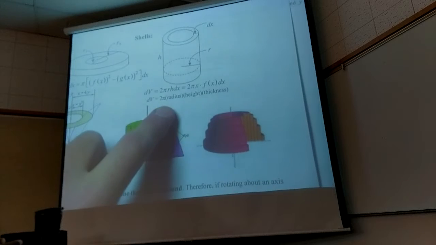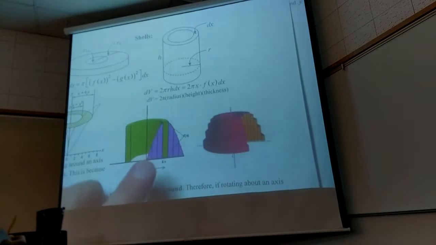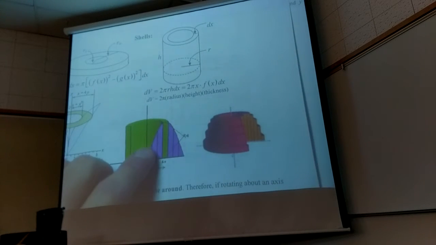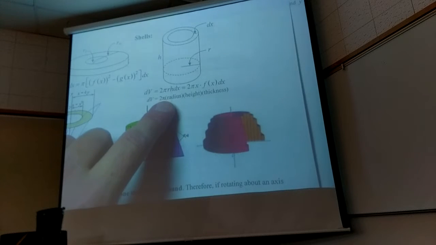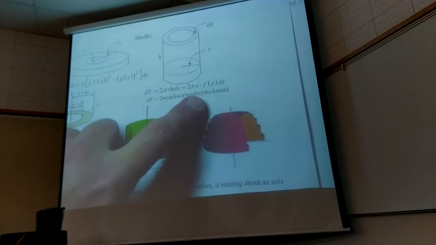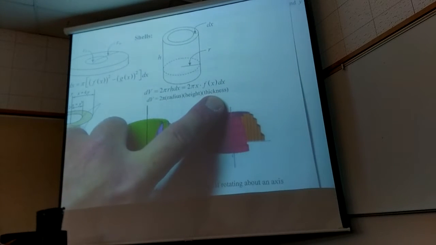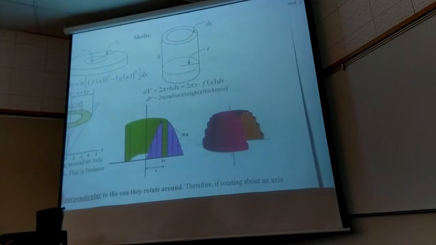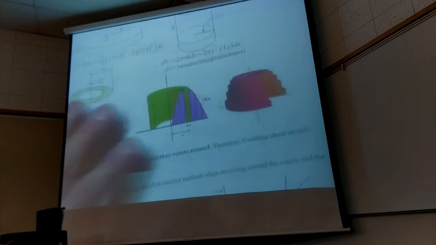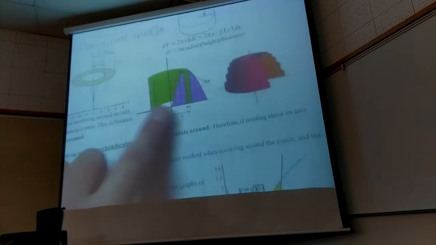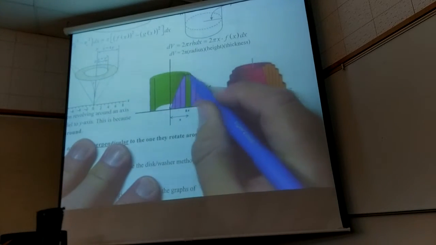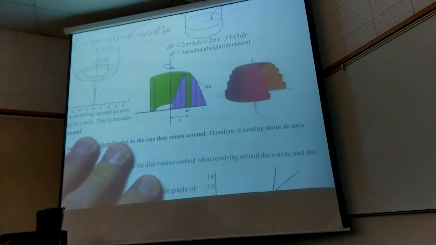And then here's that shells method with some better drawings, computer generated. So it's always 2 pi radius times height times thickness. So you've got to be a little careful. Here's an example. I've got this upside down parabola that I'm rotating around the y-axis.